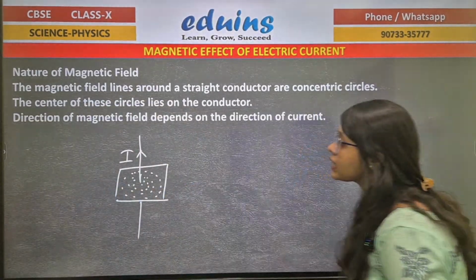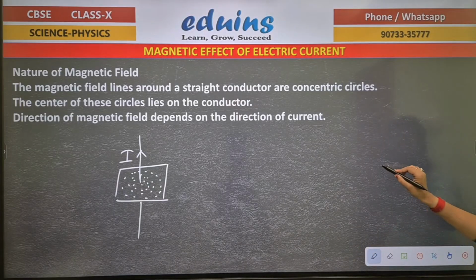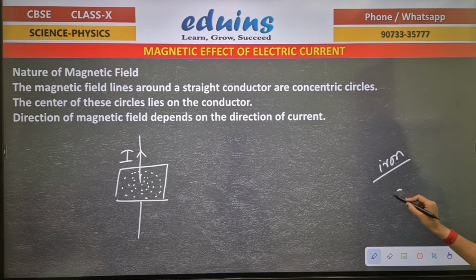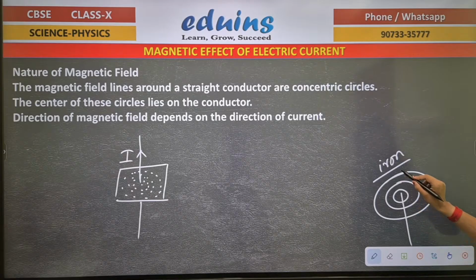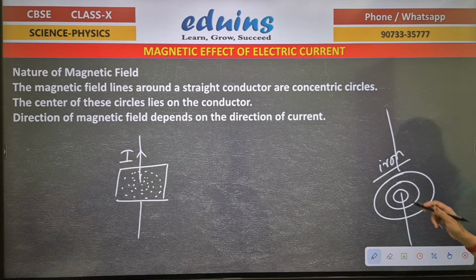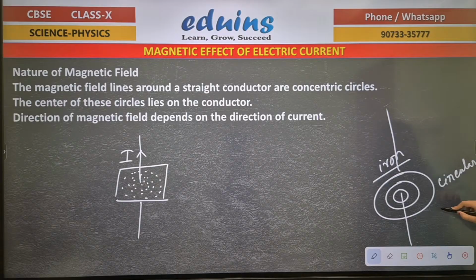The iron filings orient like the magnetic field lines. So for a straight current carrying conductor, the magnetic field lines are oriented in a circular manner.